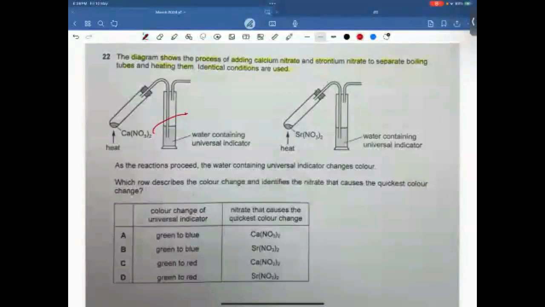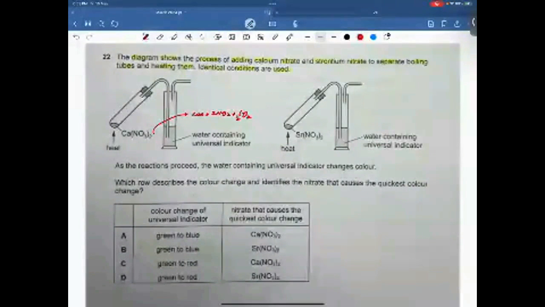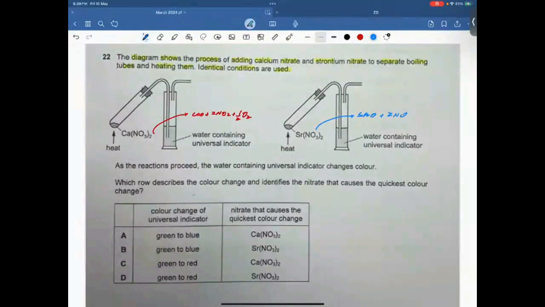Calcium nitrate, when decomposed on heating, you will get calcium oxide, nitrogen dioxide, and oxygen gas. When strontium nitrate is decomposed on heating, you will get strontium oxide, nitrogen dioxide, and oxygen gas. All right.